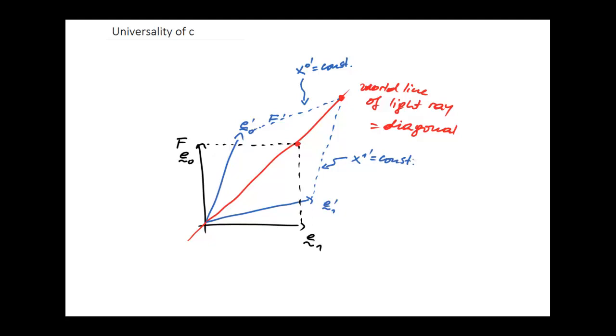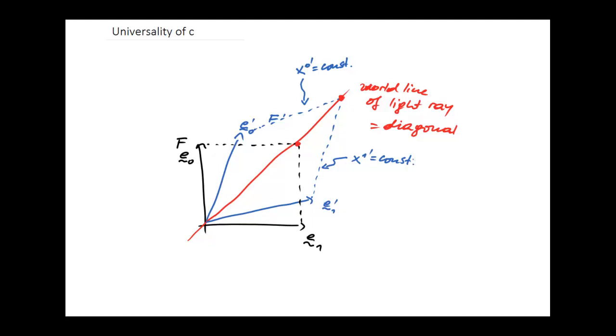So I go along this dashed line and I measure the x1 primed component of this event, and I see again it's 1 unit. So in the primed frame, I see the light ray travels 1 unit in the spatial dimension after 1 unit of time, or x naught, and the same in the unprimed frame in F.